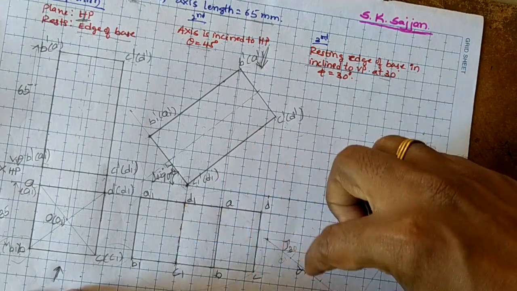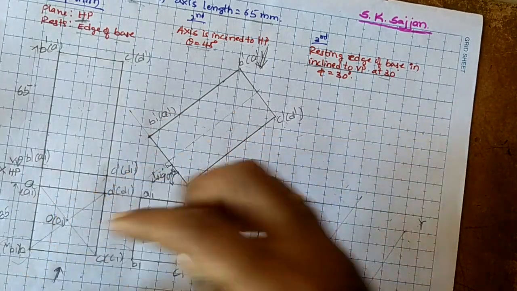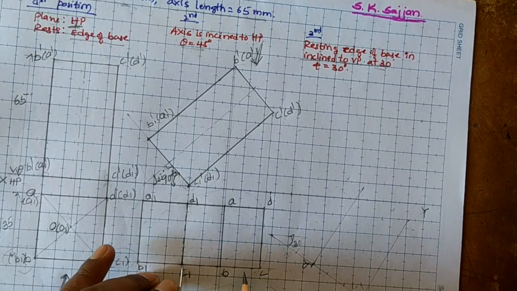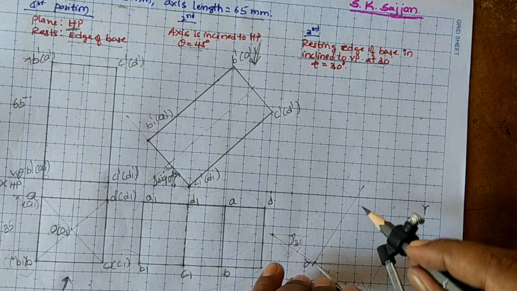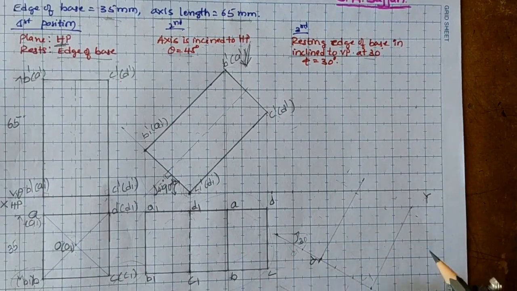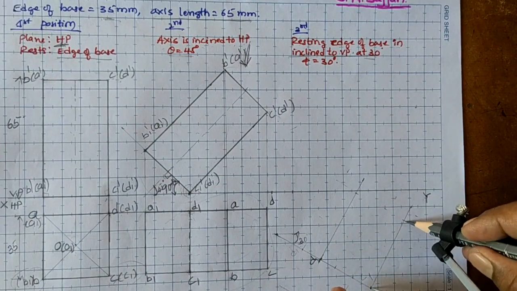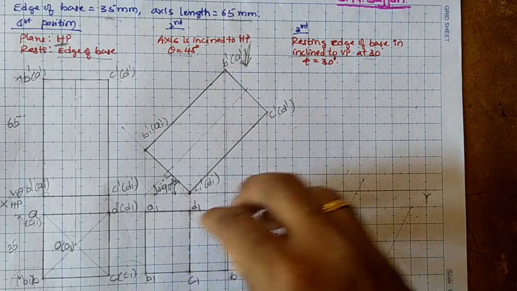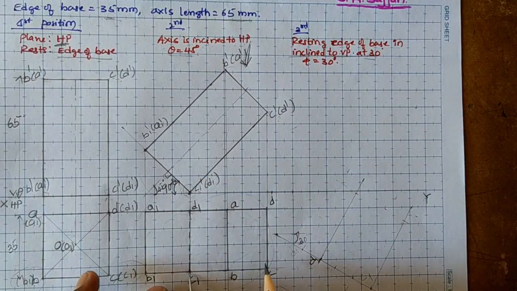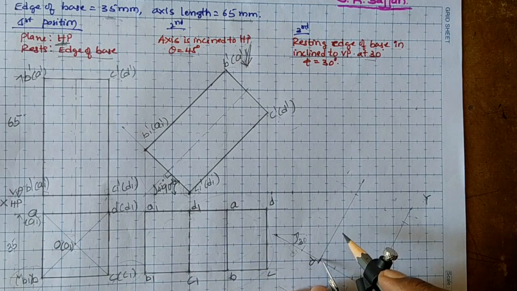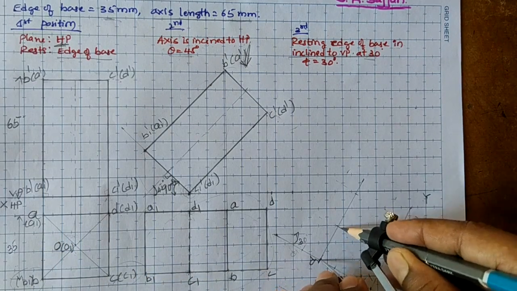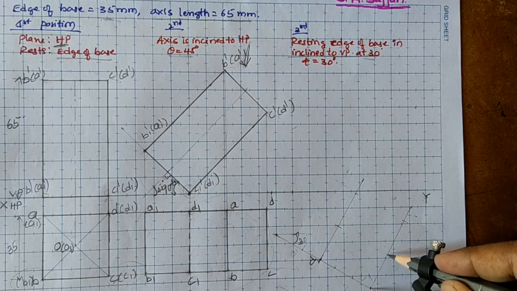This portion is above the line, this portion is below the line. Mark this. How much is this length? You should maintain that it is below the x1 line, and draw it like that. It should not cross the XY line.